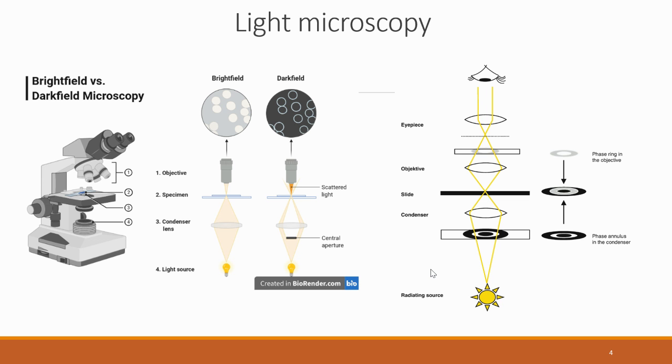So the problem is that when we use biological samples or cells, sometimes they are transparent or semi-transparent, so it's difficult to completely observe the sample. An alternative way is to use a phase microscope.